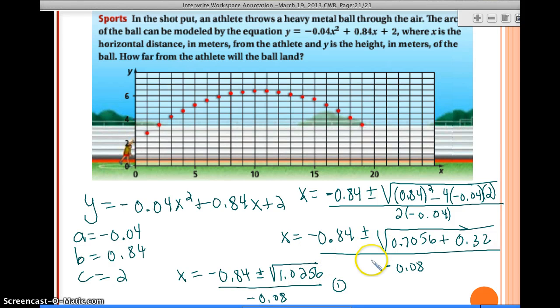That comes out to a negative 2.15, and it keeps going. Now understand that we're asking for x, which represents the distance, so it can't be a negative. So we know this one's going to be out.